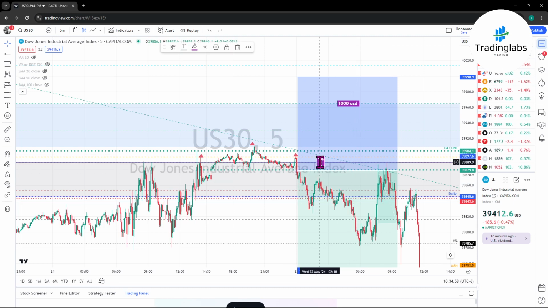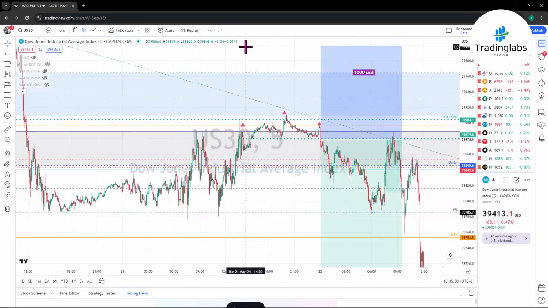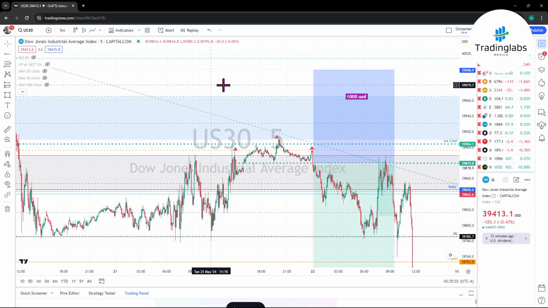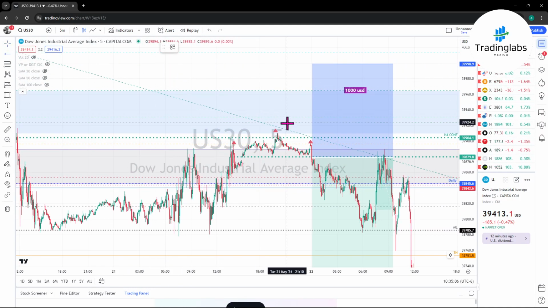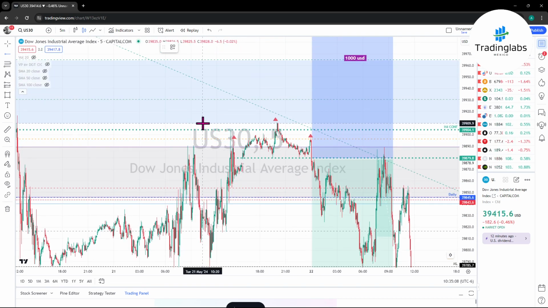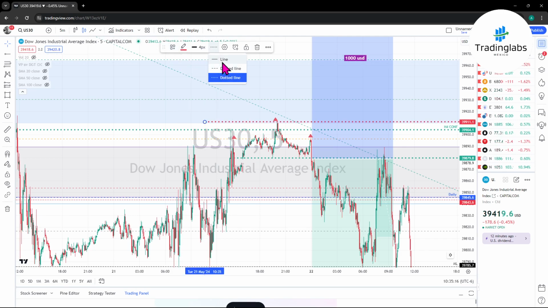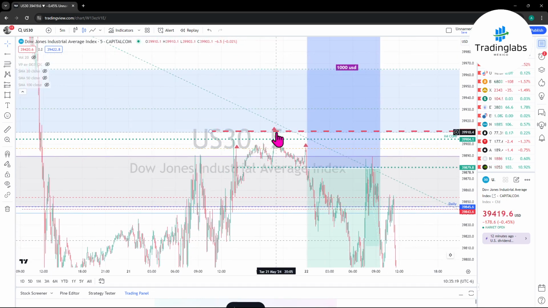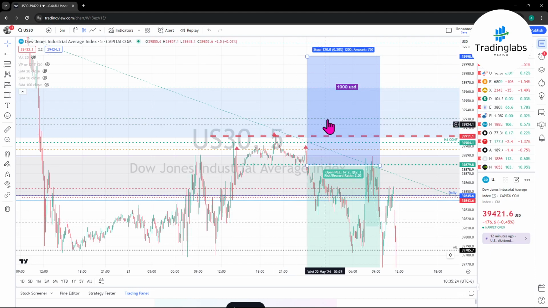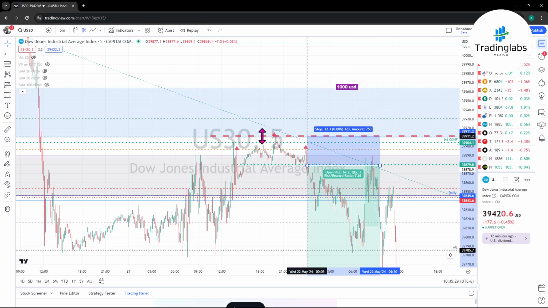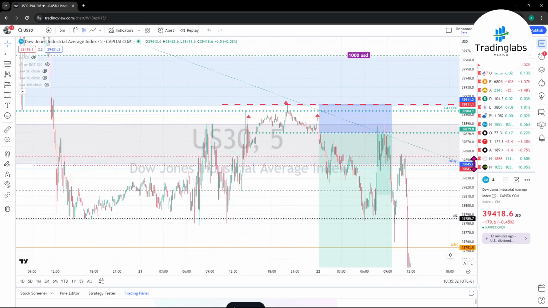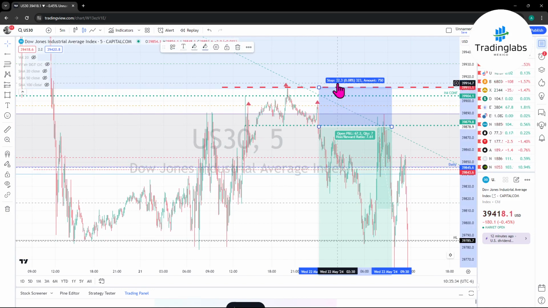But I know that if the price breaks this high, I'm fully out. So what does it mean? This is my hard stop. This means that I do not lose $1,000. I lose $300 here because it's 32 pips.